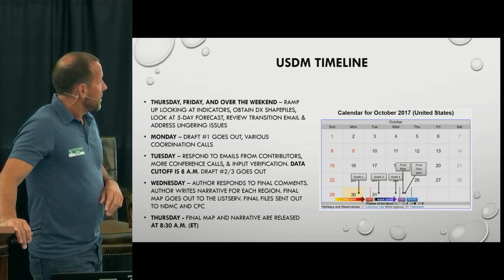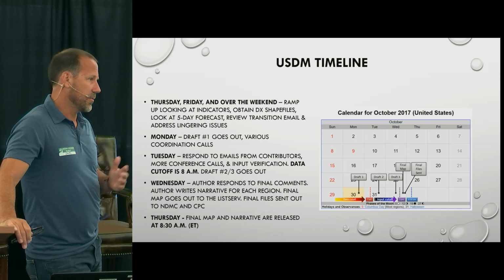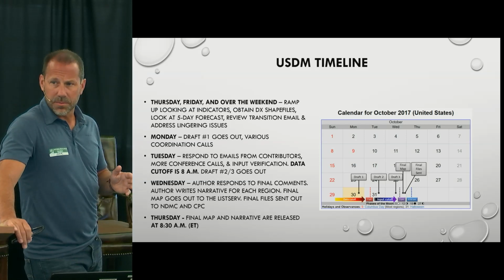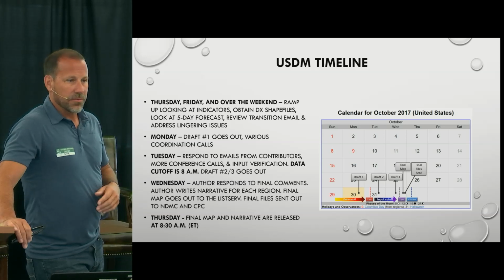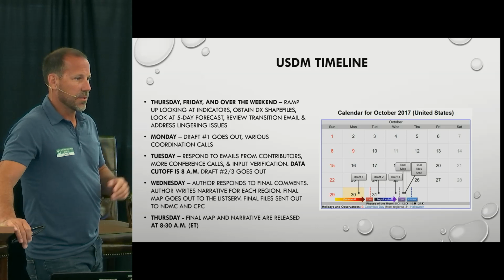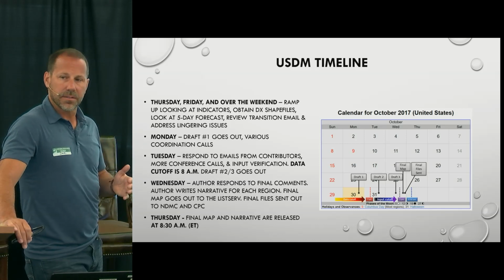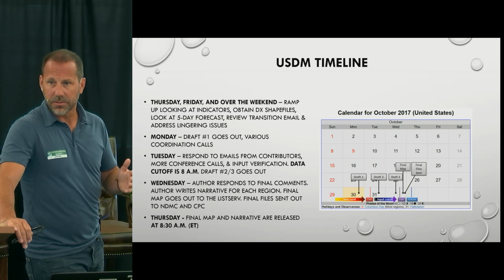By Monday, I'll have the first draft that goes out, and various coordination calls I'll be on. Different state drought coordination teams have weekly calls, and they'll have anywhere from 10 to 30 people on a call talking about the current conditions. By the end of that call, they'll make a recommendation that's passed on to the U.S. Drought Monitor author.